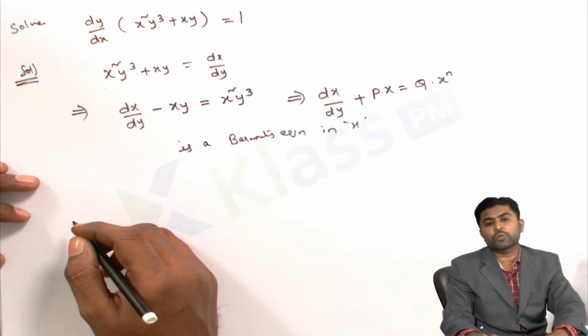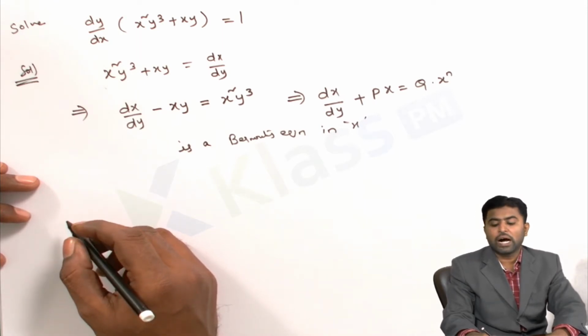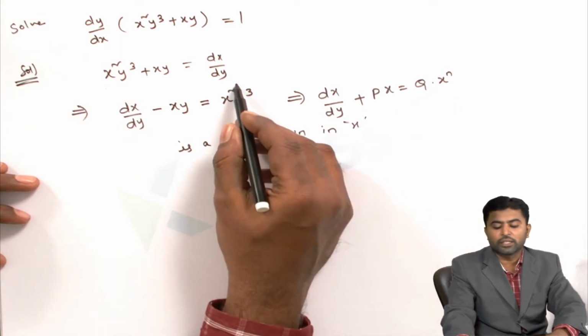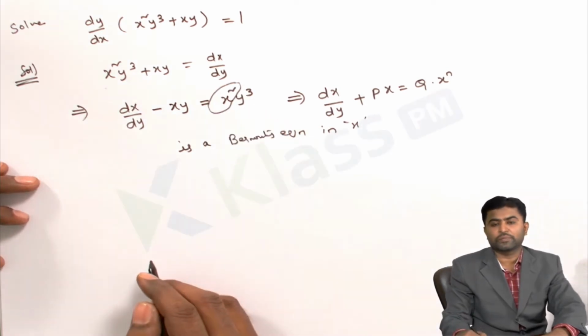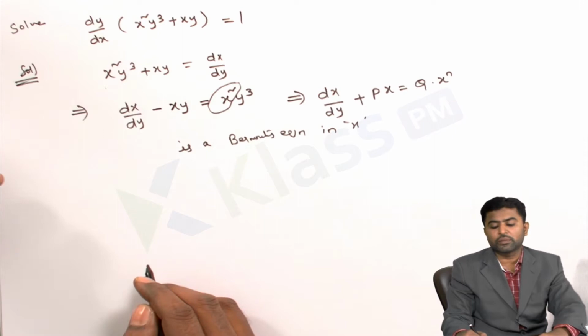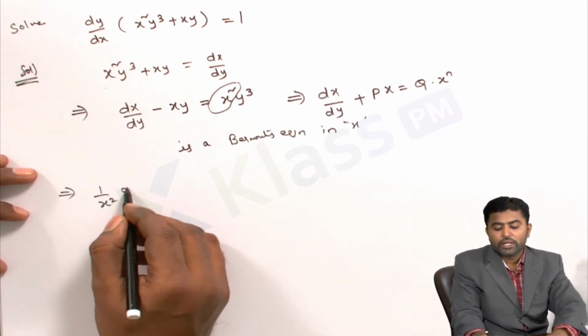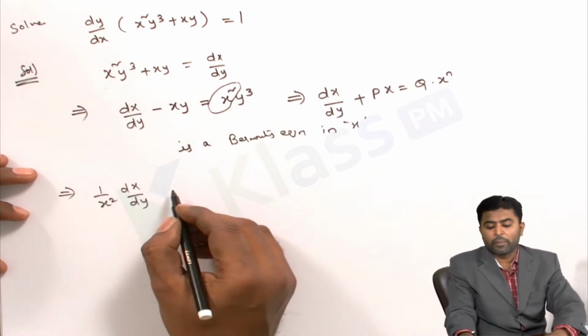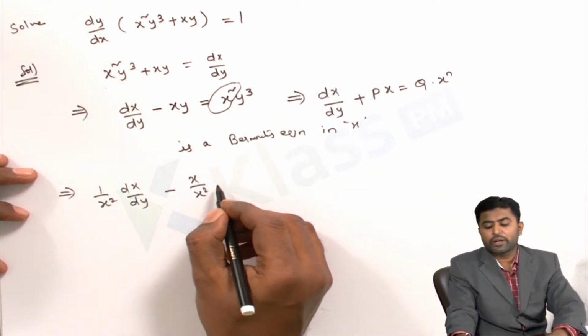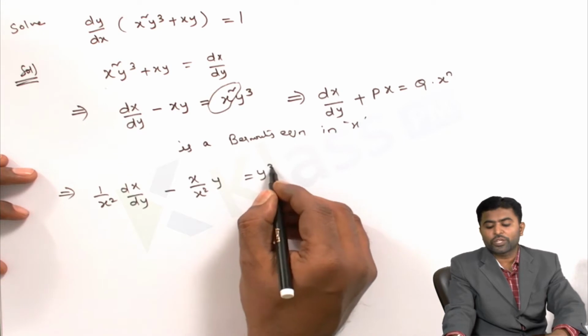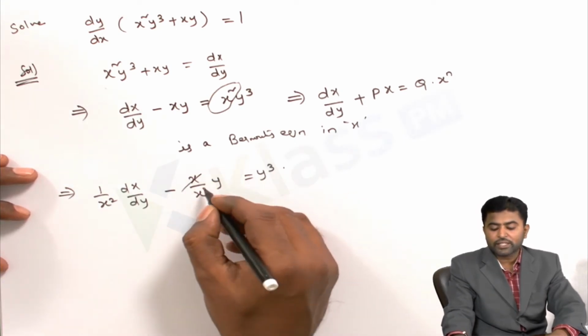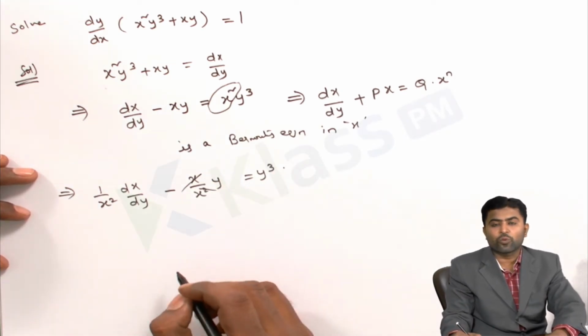So to reduce it to a linear differential equation in x, I have to divide with the extra term, that is x square. So I'll get 1 by x square dx by dy minus x by x square into y is equal to y cube. Then after the cancellation of these two terms, I'll get 1 by x.